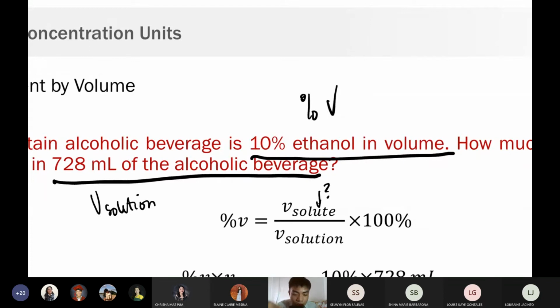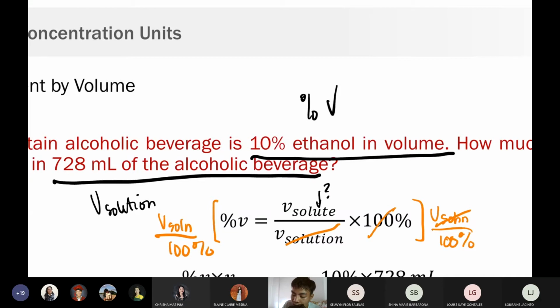So we have to cross multiply them, no? So yung V solution nasa denominator, ano gagawin natin dyan? I-multiply natin both sides by V solution. Ano purpose? Para mag-cancel. Okay? So sino pa yung kasama ni V solute? Si 100%. Since nasa numerator yan, kailangan i-divide natin both sides by 100% para mag-cancel out sila.